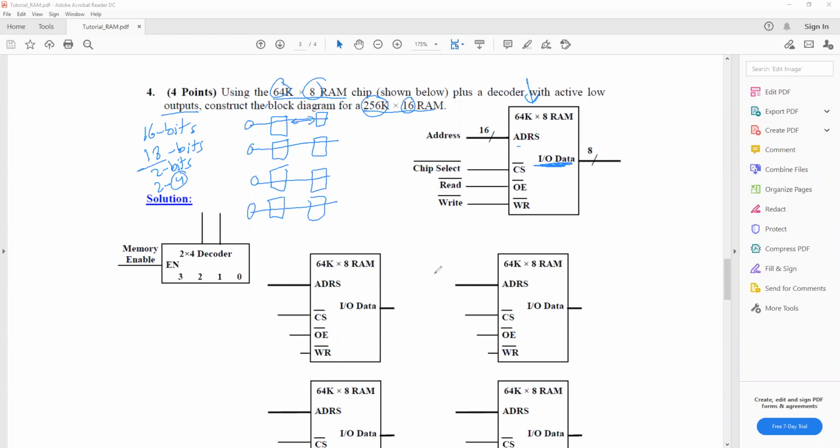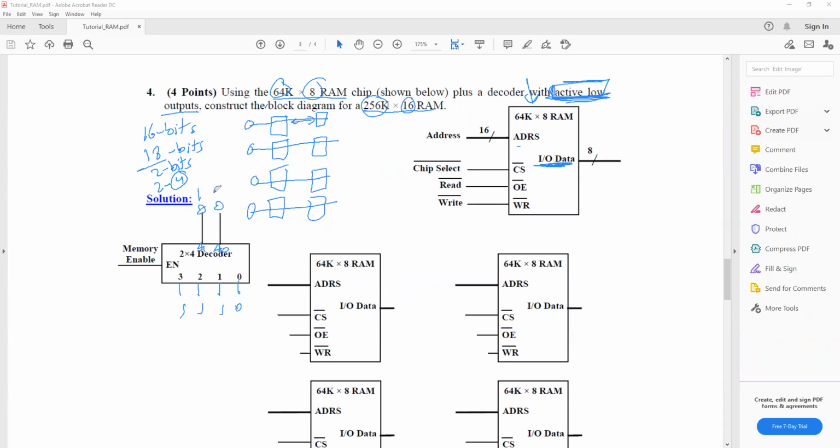One thing you need to consider while reading the question is that this decoder is active low. An active low decoder means all the outputs will be ones except the one that is active, which will be 0. So if, for example, I have A1 and A0 and we put 0 0 here, the output is 0 1 1 1.